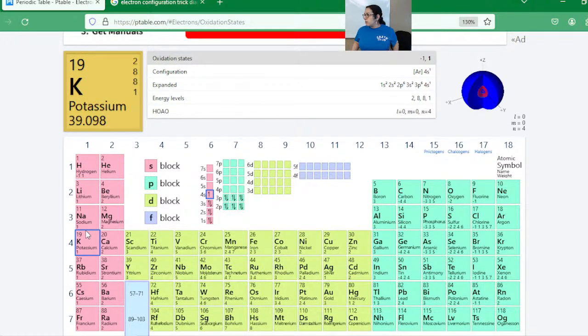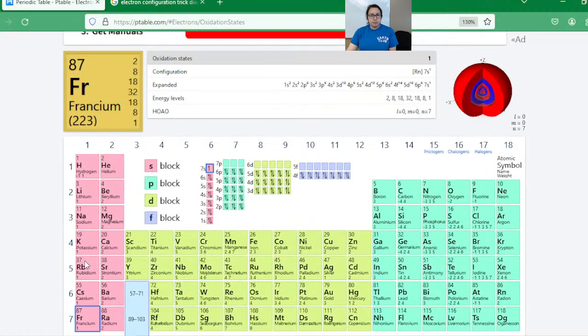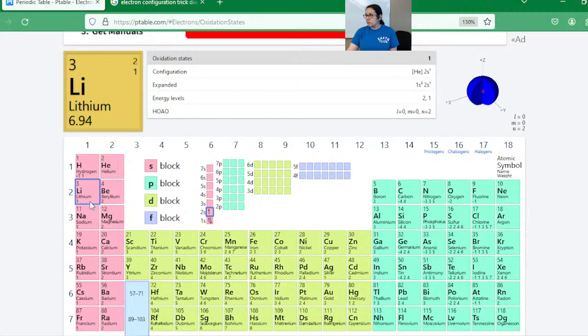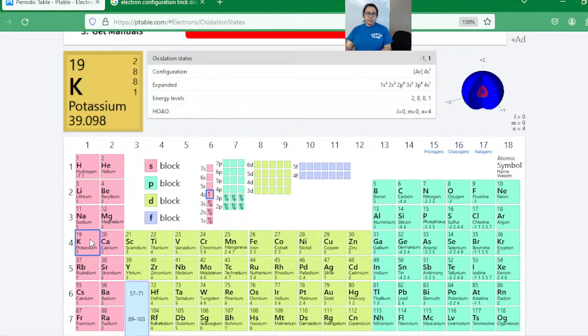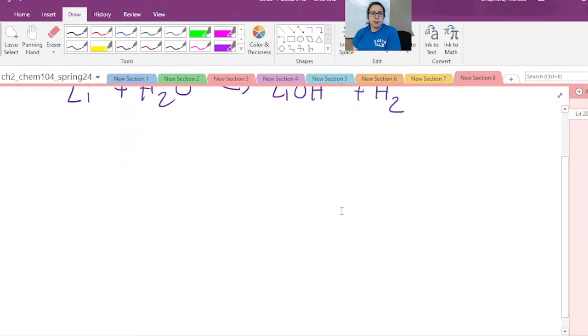What's going on as our energy levels increase? What might you expect happens? What about the distance of our electron from our nucleus? Let's think about that, because that's what's driving our reactivity here.